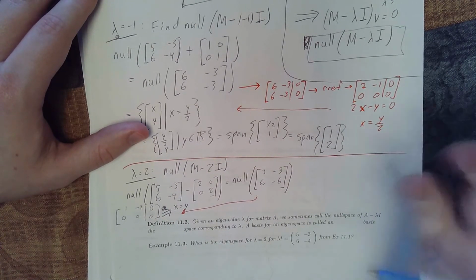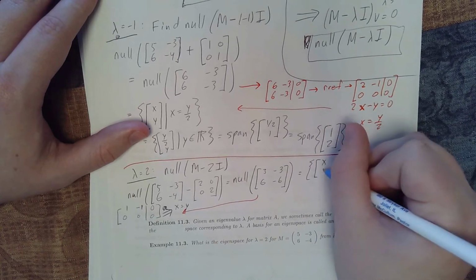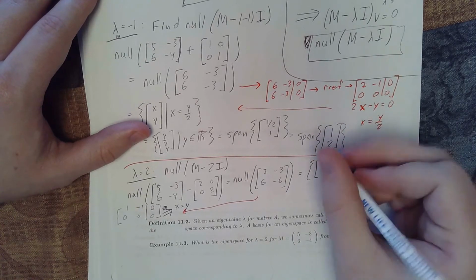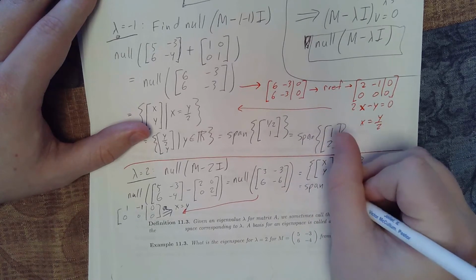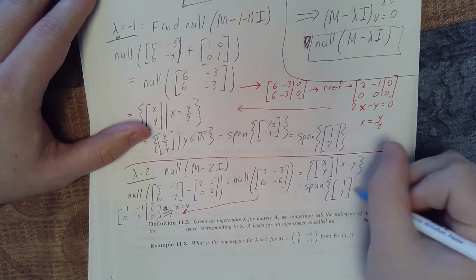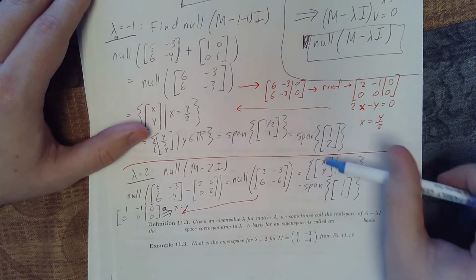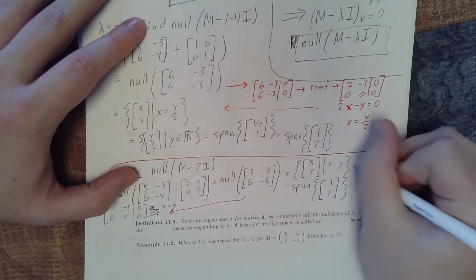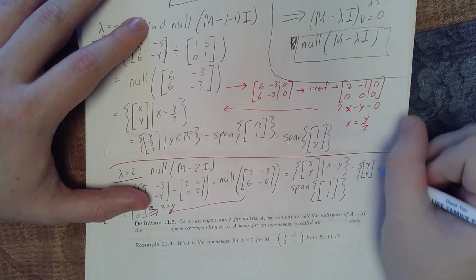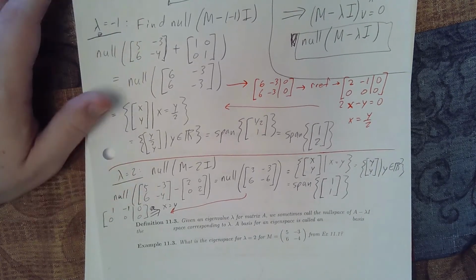And so what we have is the set of all x, y, such that x equals y, which is going to be the span of 1, 1. So we go ahead and replace the x with the y, so it would be the set of all y, y, such that y is an element of the reals, and then that's how we get the span of 1, 1.